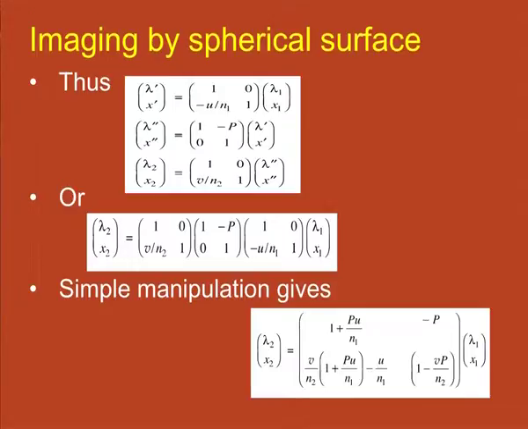Now, after simple manipulation, the equation that we came out with will give the following expression, that is, the column matrix of λ2 x2 is equal to the multiplication of the matrix formed by 1 plus pu/n1, minus p, and v/n2 into (1 plus pu/n1 minus u/n1), and 1 minus vp/n2, and that is multiplied with the column matrix of λ1 x1.